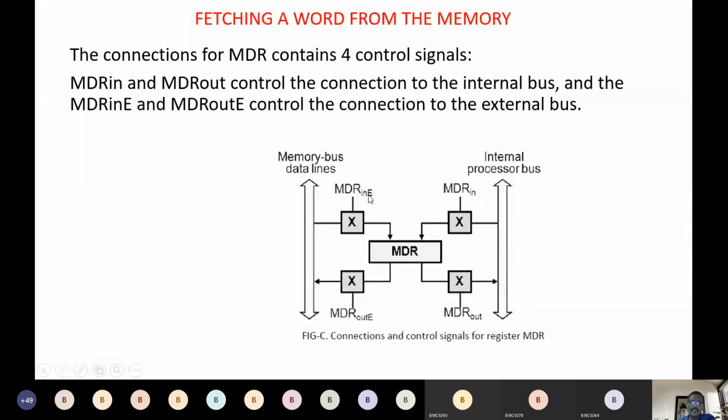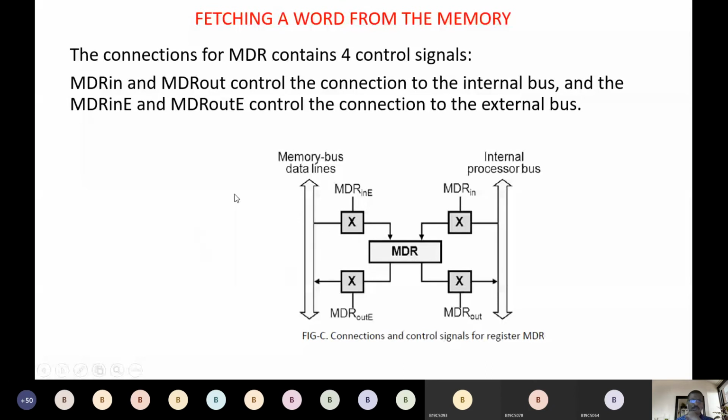Similarly, if MDR in E is set to 1, data flows in this way. How do I say which direction data flows? You can observe the arrow direction; from that you can say how data flows. When this is set to 1, data flows from here to here, because the arrow is in this way. Similarly, when this is made 1, data flows from MDR to this bus.